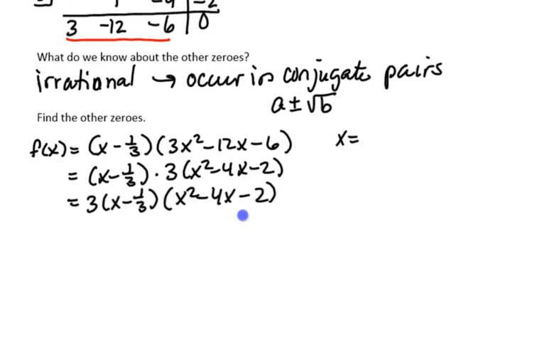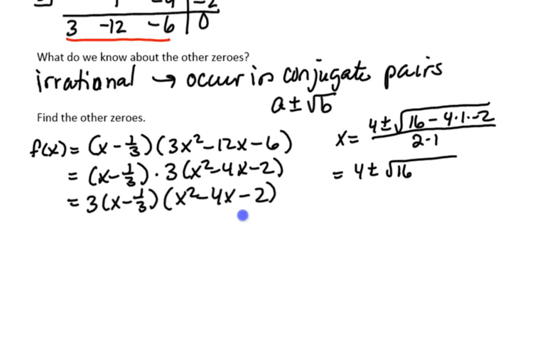So x equals -b plus or minus the square root of b squared, and I'm just going to square the -4 and make that 16, minus 4ac, 4 times 1 times -2, all over 2a. So this is going to be 4 plus or minus the square root of 16 plus 8, all over 2.